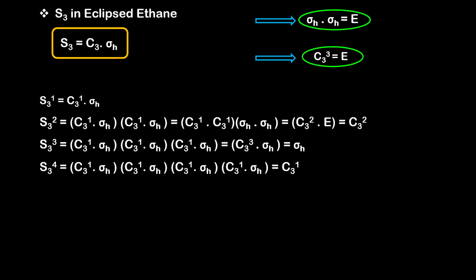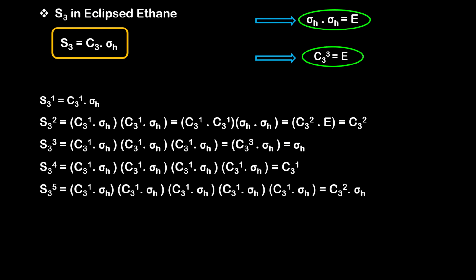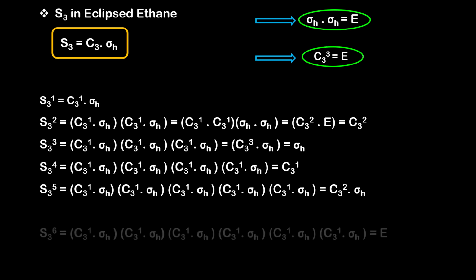S3^4, meaning four successive operations of the improper rotational axis, leads to C3^1. Here C3 three times into C3 one time and four times sigma h leads to identity. Next, S3^5, five successive operations, leads to C3^2 into sigma h. That means this is one unique operation.